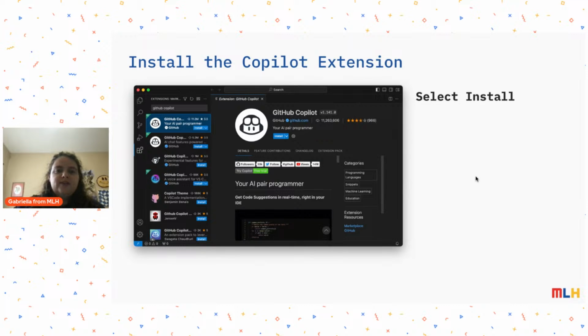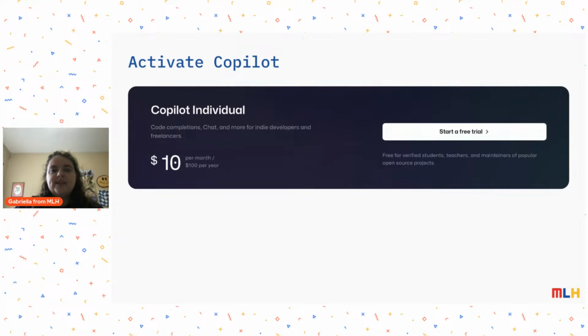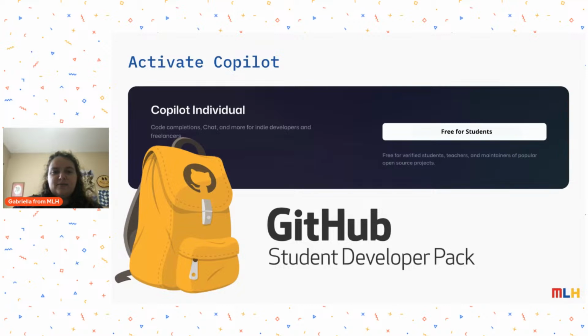All right. So once you've gone through the installation process and GitHub Copilot is installed, you'll need to activate it. If you don't activate it through MLH or the Student Developer Pack, GitHub Copilot costs around $10 a month. But lucky for us, we have the GitHub Student Developer Pack where you can access it for free.